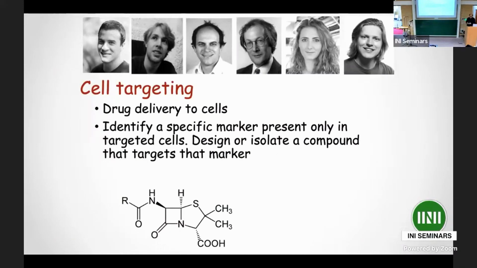This kind of problem has been already quite well resolved in the case of targeting bacterial cells. Namely, antibiotics do this perfectly well. So if you have on one hand bacterial cells that invade your body, and all the other cells are your own human cells, this task is in principle much easier than what I described before, because it turns out that bacterial cells express some receptors that are not present in human cells, or almost not present in human cells.